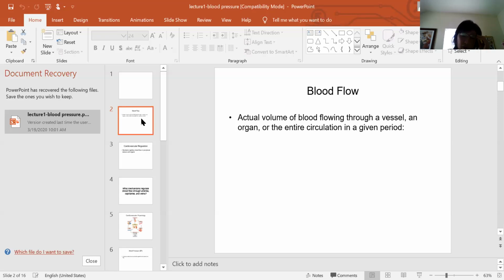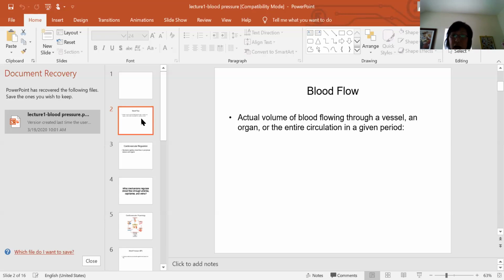Okay, so let's talk about the blood flow. Blood flow is the blood volume going through a vessel or an organ or the entire circulation in a given period. If you remember, the cardiac output is the blood volume going through one side of the heart in 1 minute.